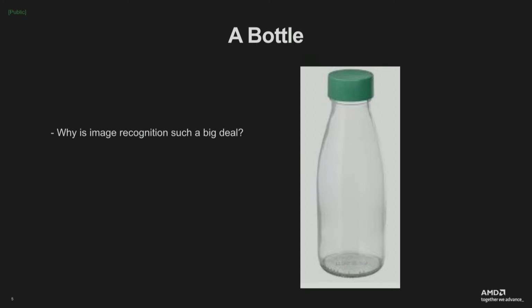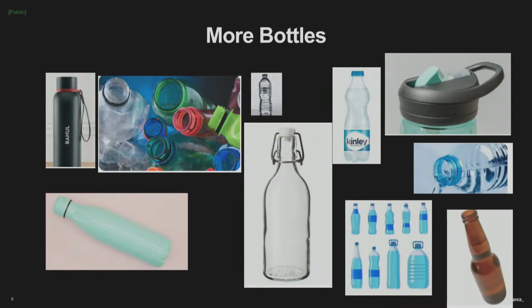Let's look at some more bottles. Pick any one figure that you want and see whether it is matching all the conditions that you mentioned. This one is cylindrical but not elongated, it is lying. This one has no cap.